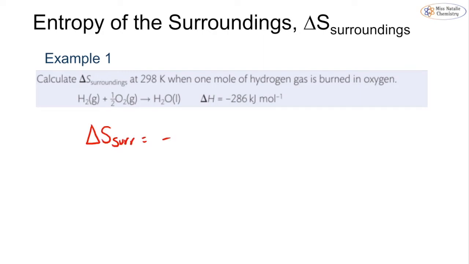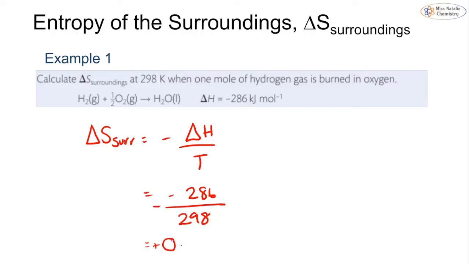The surroundings is minus delta H over T, giving us minus 286 over 298, and of course the overall thing is minus, so my two minuses are going to cancel each other out, and I get plus 0.960 kilojoules per Kelvin per mole. But for an entropy, I want to have it in joules, so I then multiply that by 1,000, and I get an answer of positive 960 joules per Kelvin per mole.